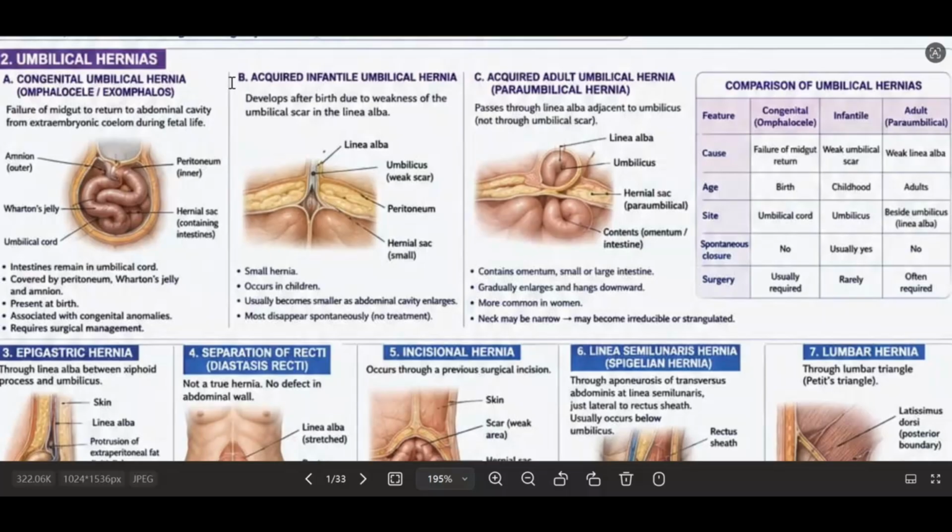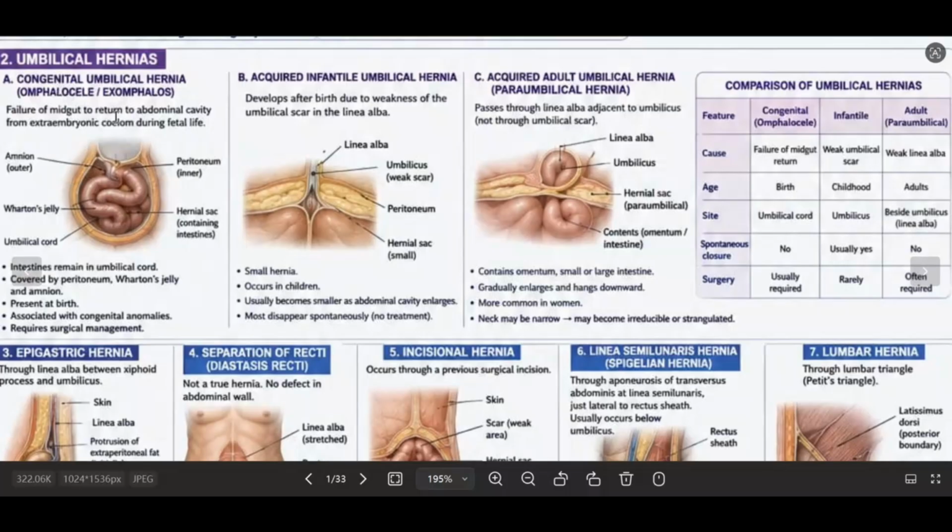The second type is the acquired infantile umbilical hernia. And the third type is the acquired umbilical hernia of adults, meaning the para-umbilical hernia. First we will study the congenital umbilical hernia, also called the omphalocele or exomphalus.